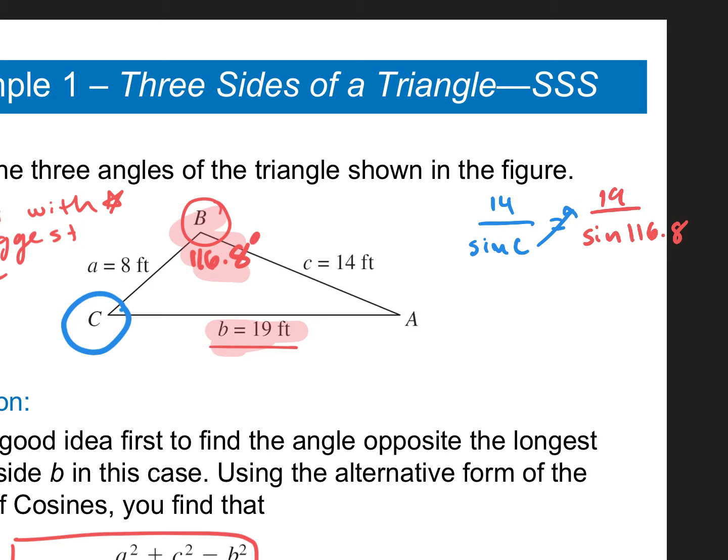So I can cross multiply. Not always. If what I was trying to find is on top, I would just multiply by the denominator. But if what I'm trying to find is on the bottom, it's easier to cross multiply. You can always cross multiply and it will work.